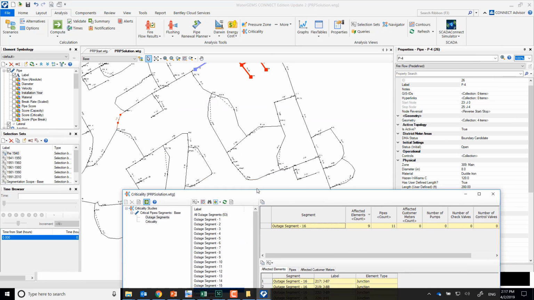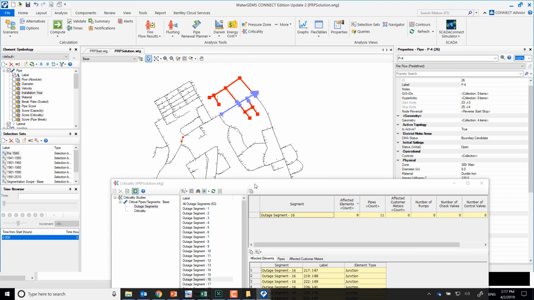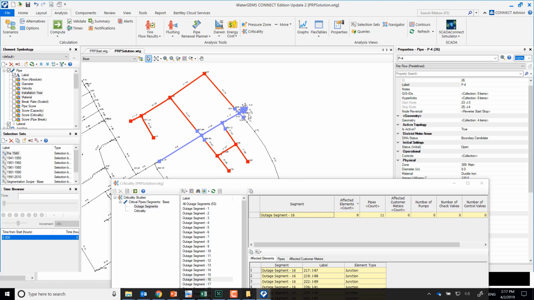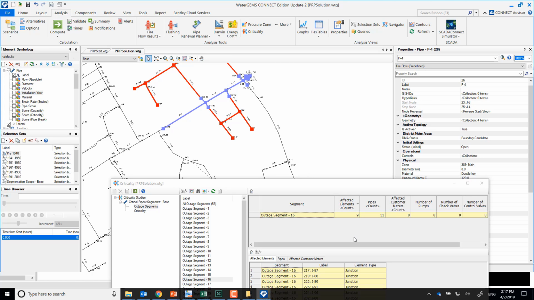The one thing about criticality that you probably already noticed is that you can't really close this window, because if you do, then you don't see all the results. So if something happened to the purple segment, you would have to leave all these users without water, and probably some of them have some really large demands, because again, remember, what we're thinking is percentage of demands not met.